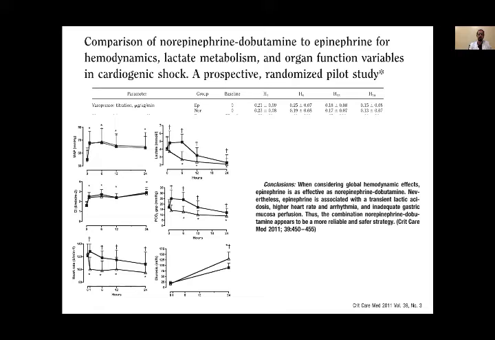With moderately high dosage of epinephrine that you can see happening on the screen, with a maximum dosage of 0.25 micrograms per kilo per minute.